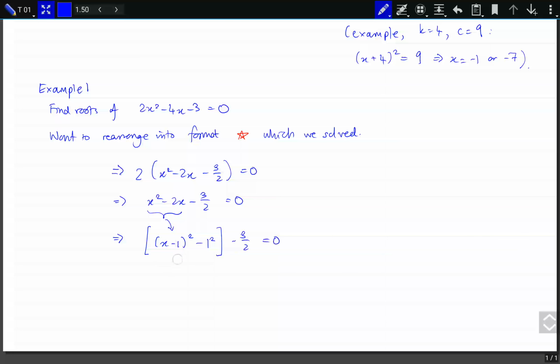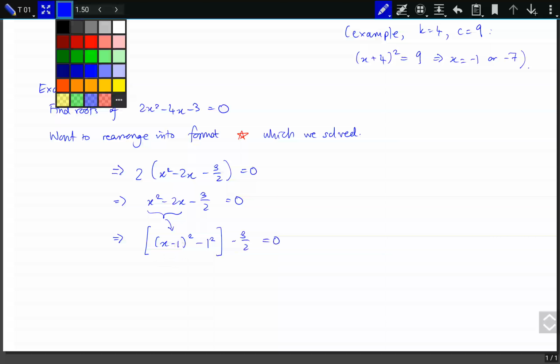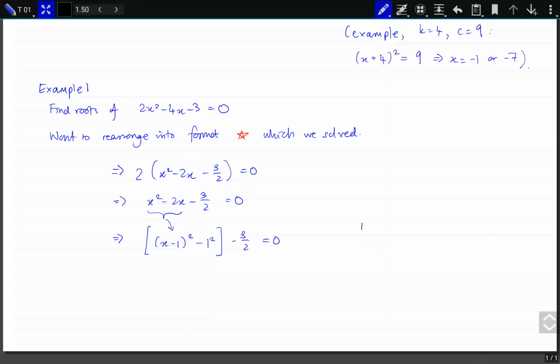So if I expanded this, note that we need to kill off the extra term that we ended up with. That gives us this minus 1 squared.